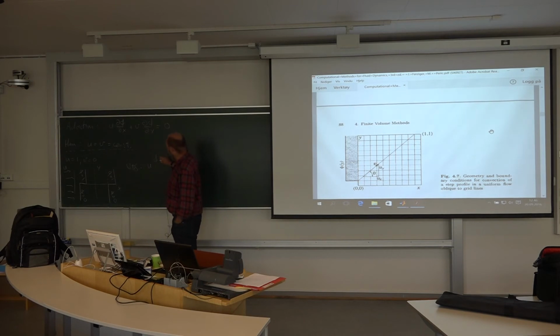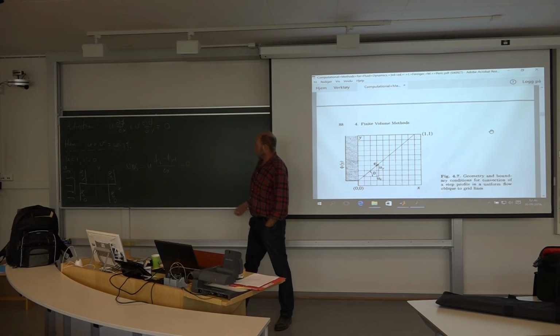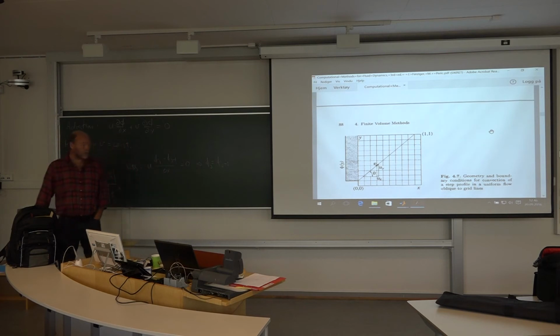That will now be Phi j minus Phi j minus 1 divided by one single delta x equal to 0. Which of course means Phi j equals Phi j minus 1. So yes, you get the correct solution directly.